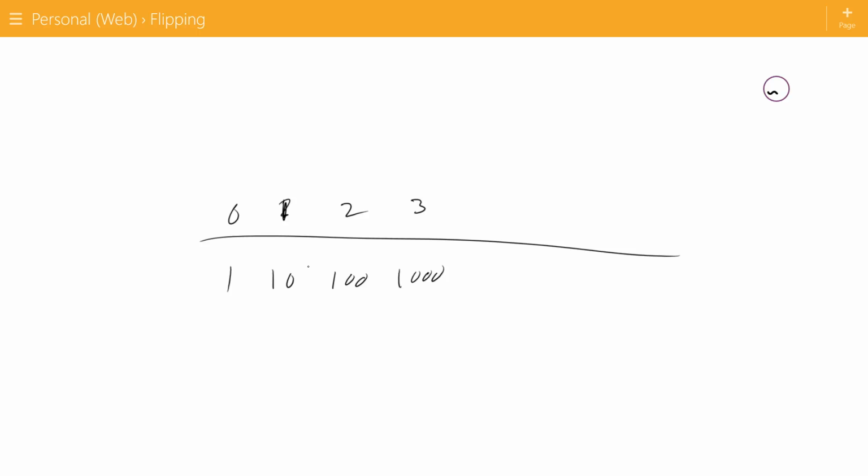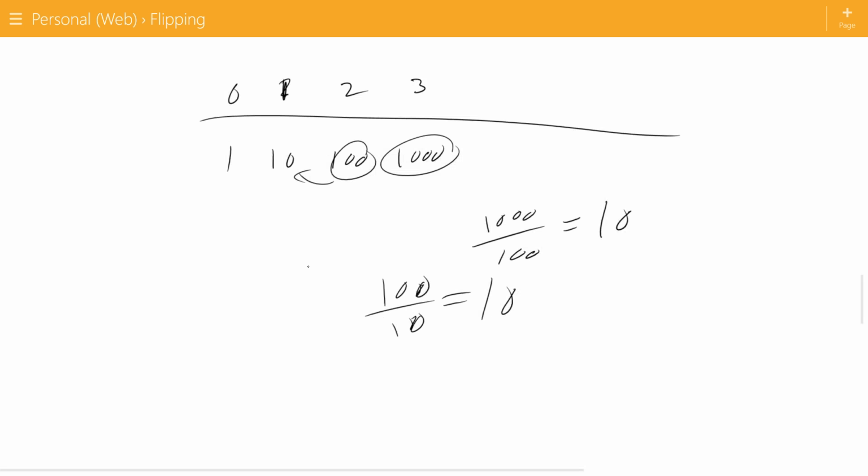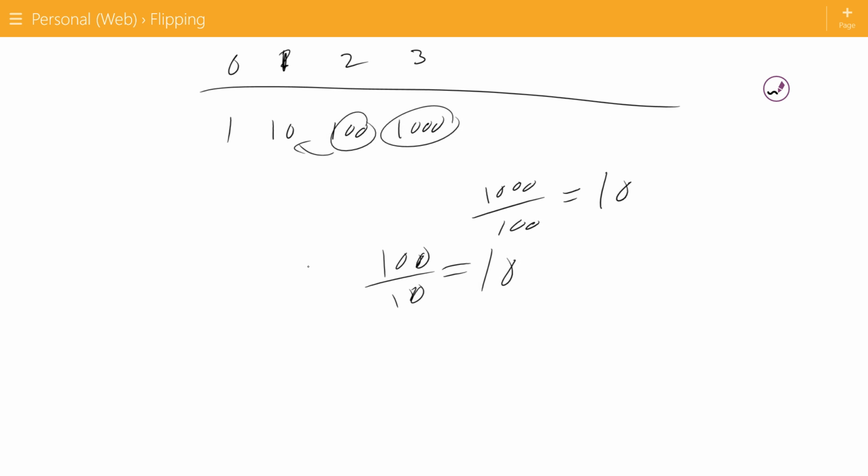Well, to go from 1 to 10, from 10 to 100, from 100 to 1,000, you can take one term divided by the previous term. 1,000 divided by 100 equals 10. The same thing holds from here to here: 100 divided by 10 gives me 10. Divide one term by the previous term to find out what the change is. In this case, I keep multiplying by 10.